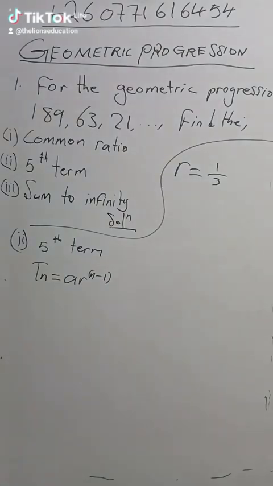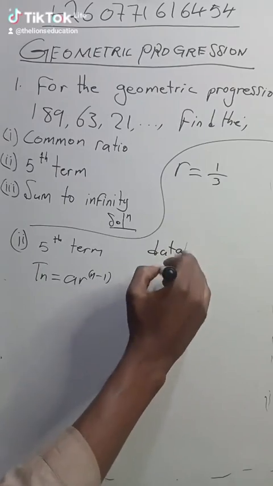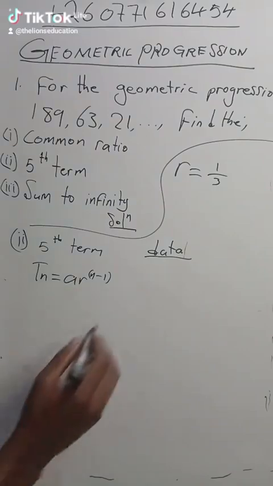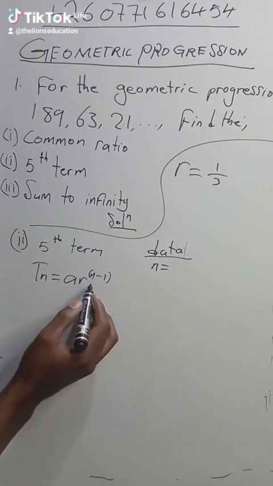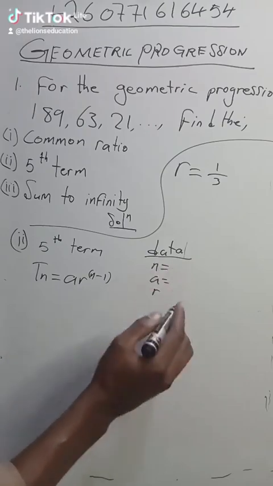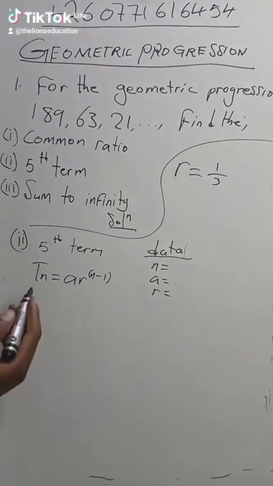We need the information in this formula: n, A and R. Once we have these, we can substitute and find the fifth term.